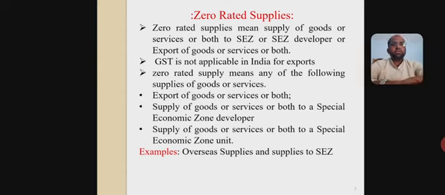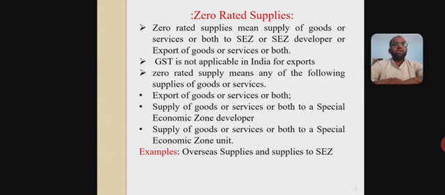And the next one is zero rated supplies. What are zero rated supplies? Zero rated supplies means supply of goods or services or both to SEZ or SEZ developers, or export of goods or services or both. If any goods or services are exported to other countries, that is called zero rated supplies, or any supply of goods or services or both to SEZ, that is special economic zone, or SEZ developers, is treated as zero rated supplies. GST is not applicable in India for exports.